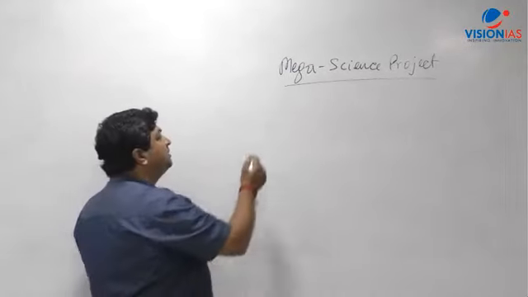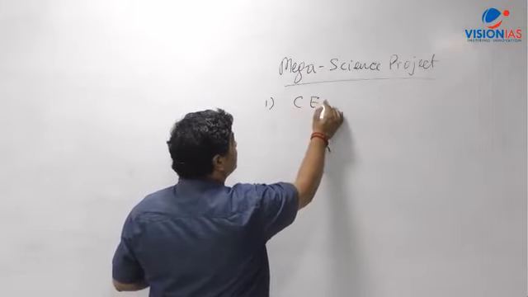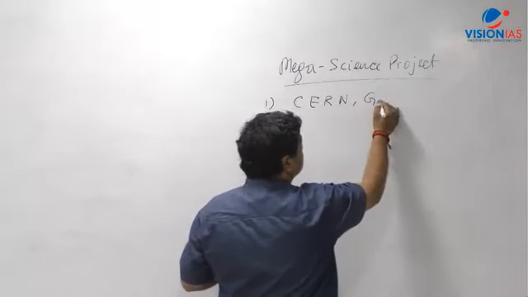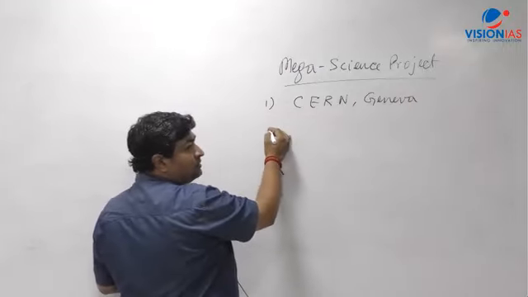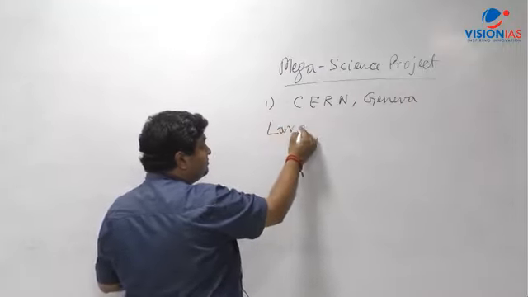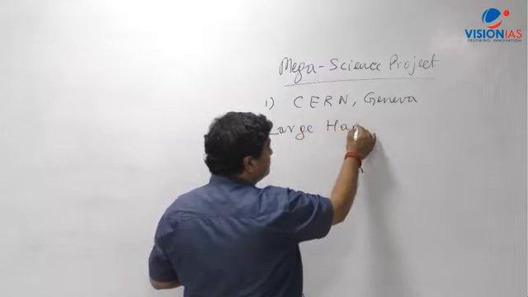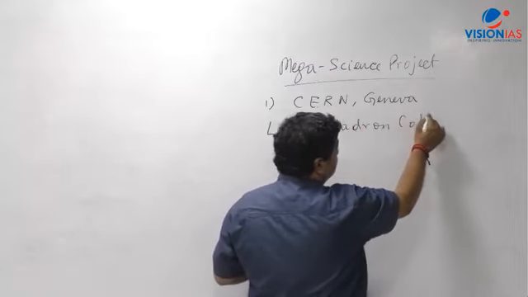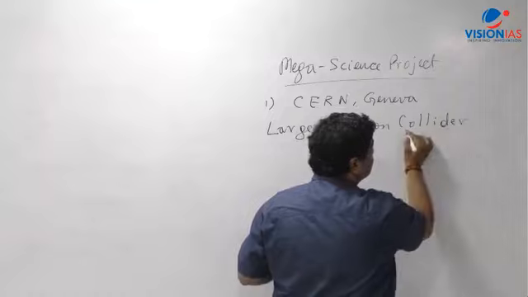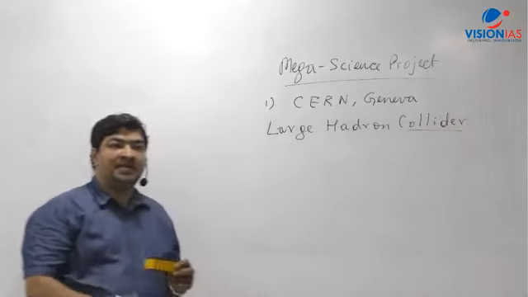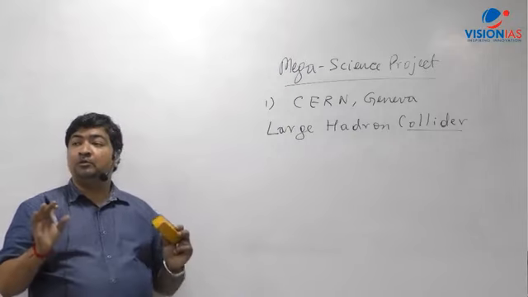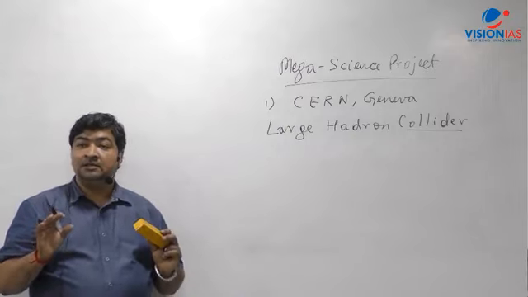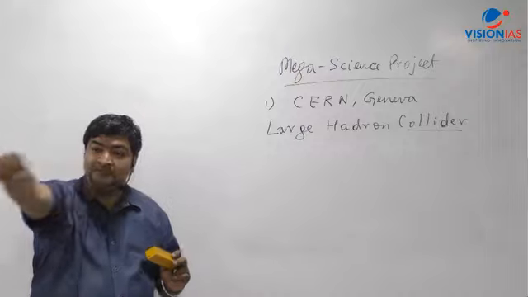So what I'm coming to here, one example is this CERN, Geneva. And I'll give you a very good example, the Large Hadron Collider, LHC. So what is the word here? Collider. What is a collider? Accelerator, cyclotron. How big is this LHC? 10 kilometer circumference.